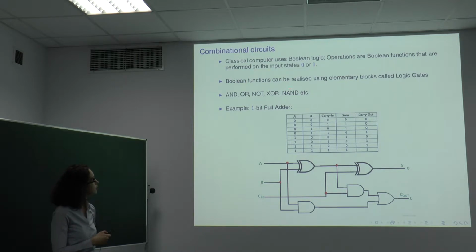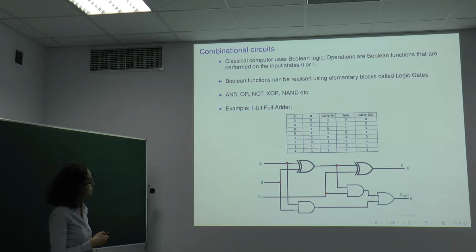So classical computers are the systems using Boolean logic, and the operations are performed on so-called bits, and every bit is an object that can be in one of two states, 0 or 1, and operations performed on bits are Boolean functions.